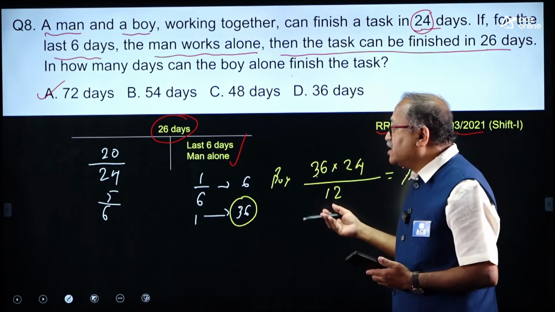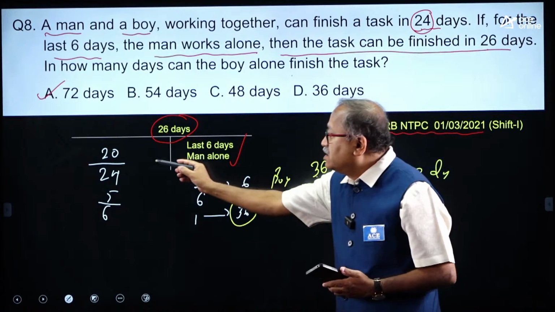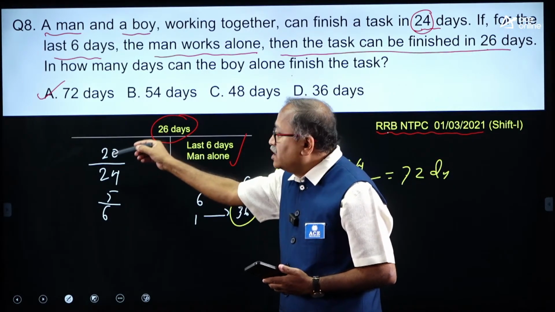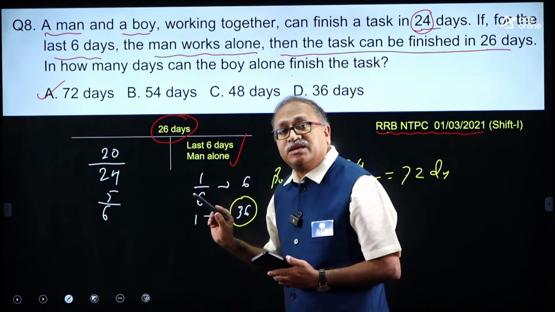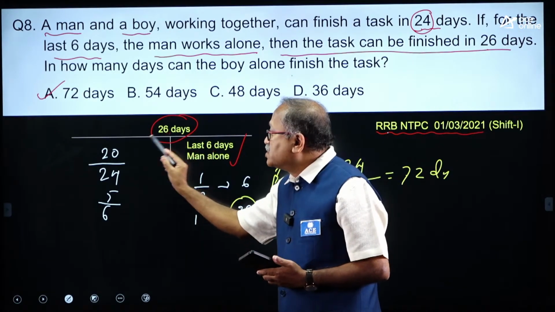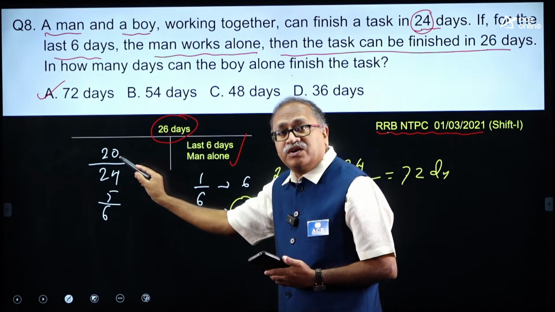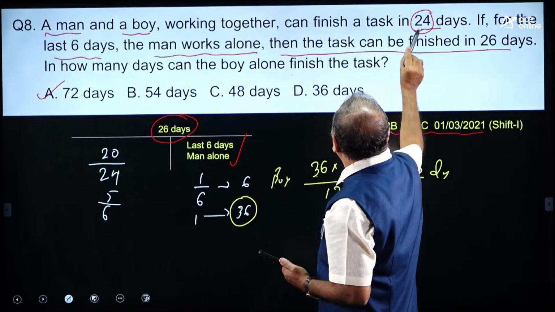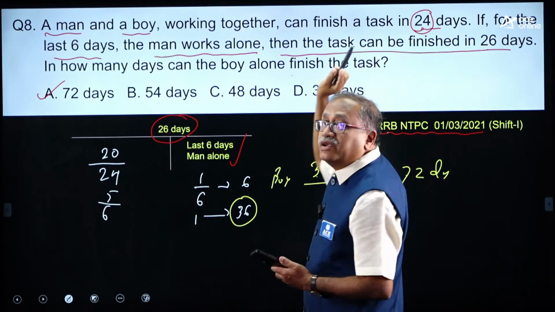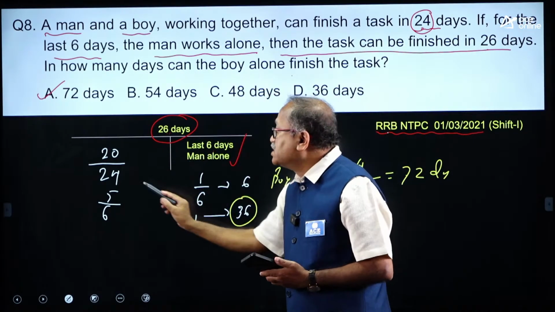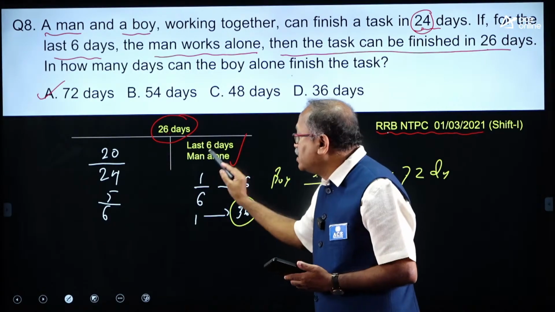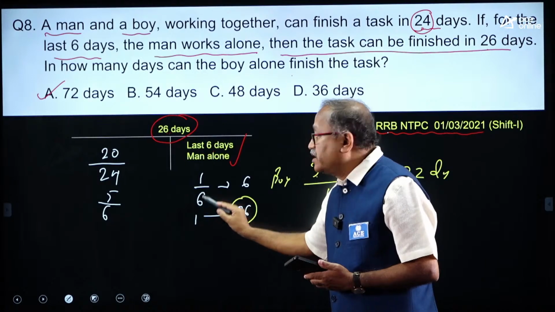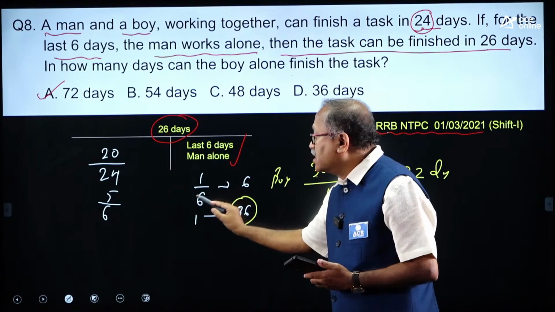If you understand the approach, it starts from here. In total 26 days, the last 6 days only the man worked, that means together they worked for 20 days. Together they complete the work in 24 days, so in 20 days, 20/24, that is 5/6, of the work is completed.